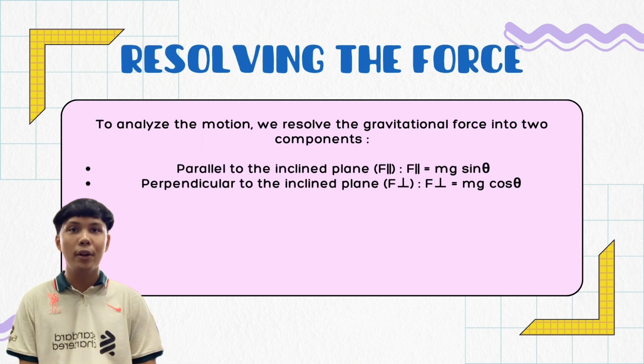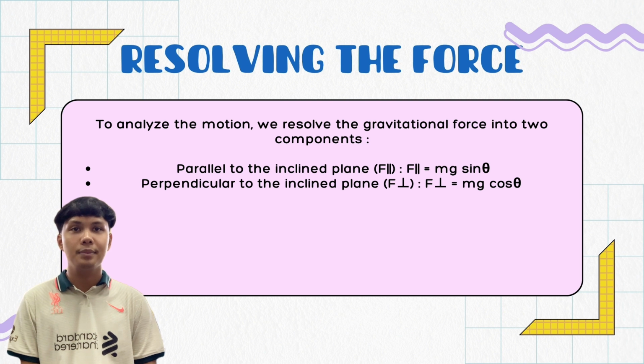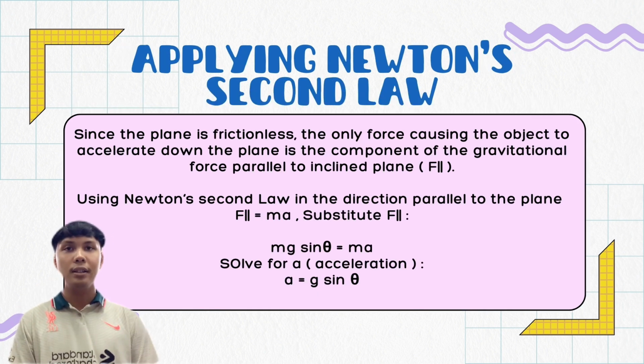Alright, so moving on. To analyze the motion, we resolve the gravitational force into two components. The one parallel to the inclined plane is F parallel equals mg sin theta, and the second one perpendicular to the inclined plane is F perpendicular equals mg cos theta. Alright, moving on. Next, applying Newton's second law.